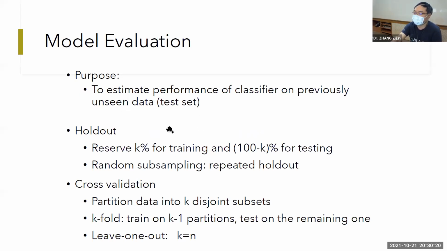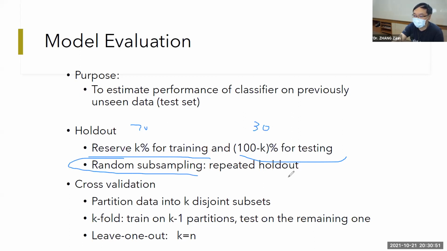Test error is trustable performance. It is performance based on unseen data, which means something more important. To do such evaluation, you can reserve K% for training and the remaining 100 minus K% for testing. Usually it is 70% training, 30% testing.